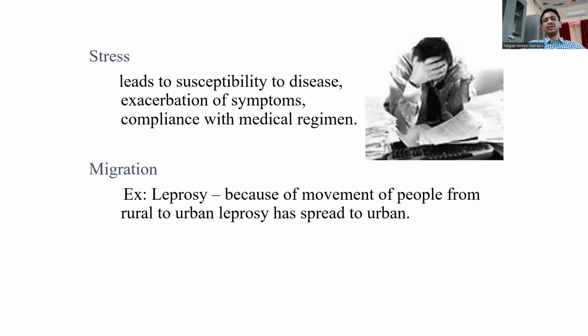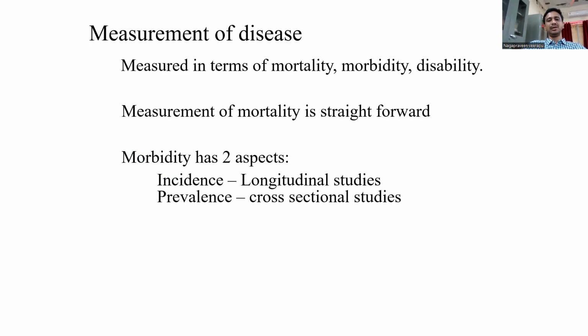Stress leads to susceptibility or exacerbation of a lot of diseases. If you take the example of tuberculosis, the more the stress, the latent tuberculosis activates and becomes TB disease. Migration: because of movement of people from rural to urban areas, leprosy also spread to the urban areas.